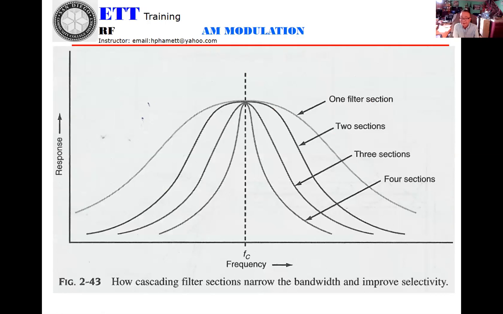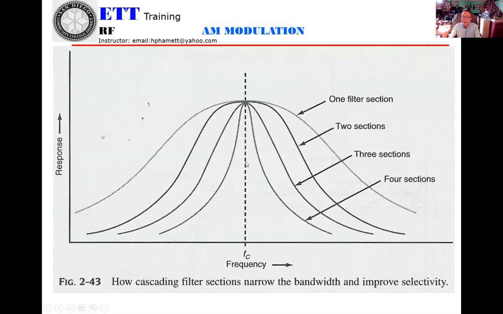That's what you already know. That's what it is for the filter. Okay? They're talking about the narrow band, okay, and trying to improve the selectivity. So you can see you can get one filter section, 2, 3, 4. So the best for now, you can see, will be 4, right?